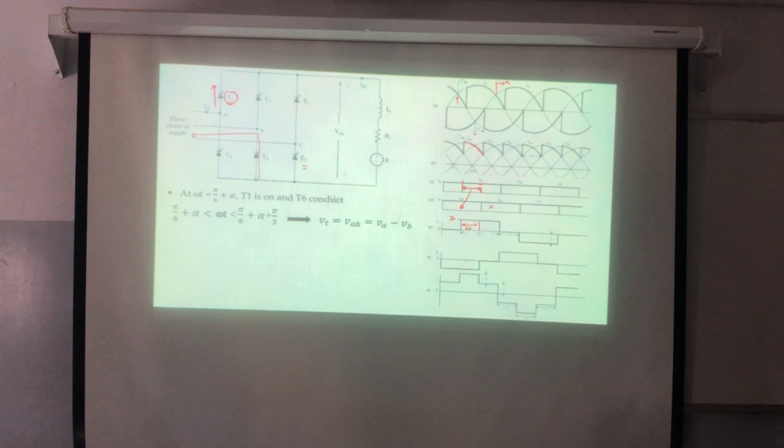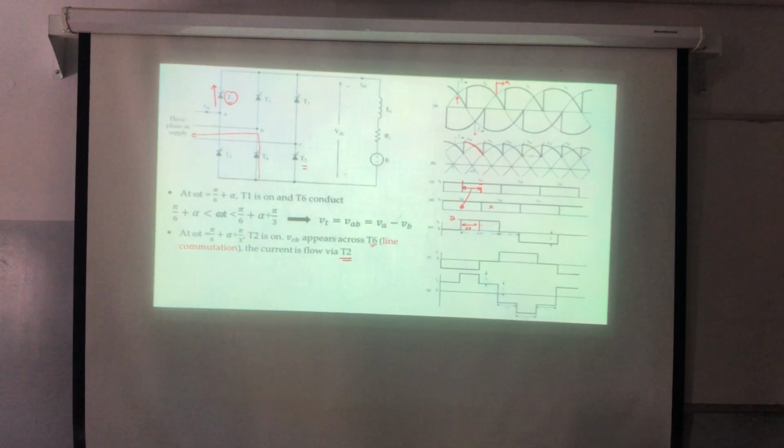So in the next time span, let's say T2 is on. Now VCB will appear across T6. T6 will see VCB, which will reverse bias the switch. So simply, T6 will be off, and the current will flow via T2.